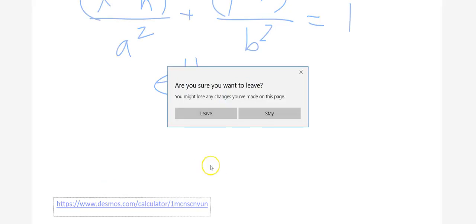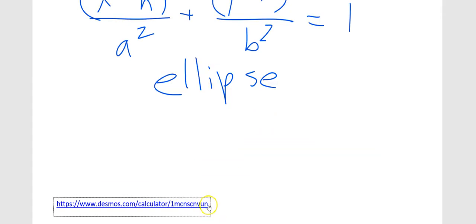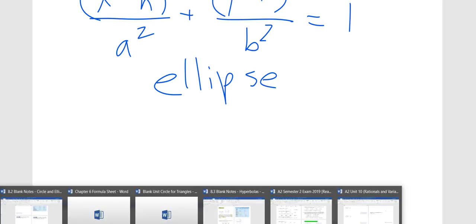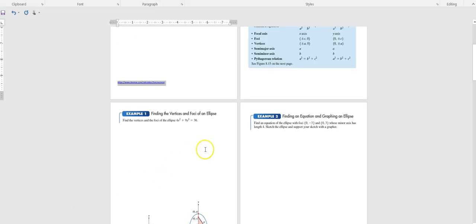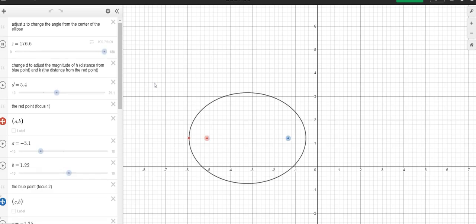I'll stay here. I'm just going to copy it. Oh, I'm going to have to go back to this document over here. My 8.2 notes. Where's my 8.2 notes? Some of you might have to actually paste it. Maybe you should just watch. All right, well, it looks the same. Sorry, I didn't program it.